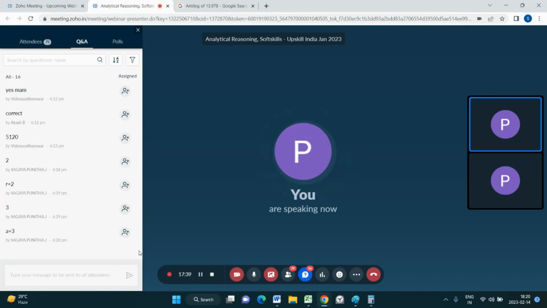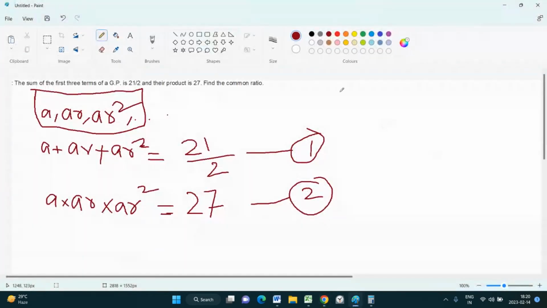So let us do it for others. Though we can consider AR, AR square, we can also think of another example. This is also a series with a similar ratio.